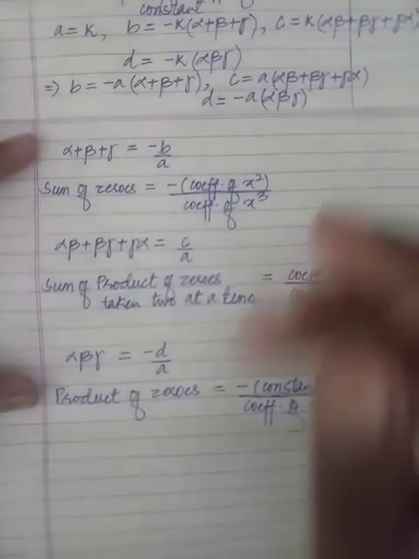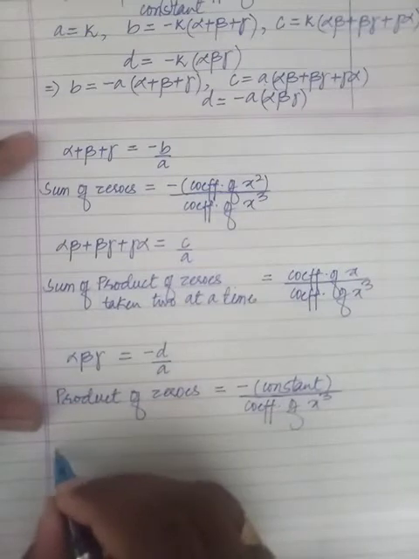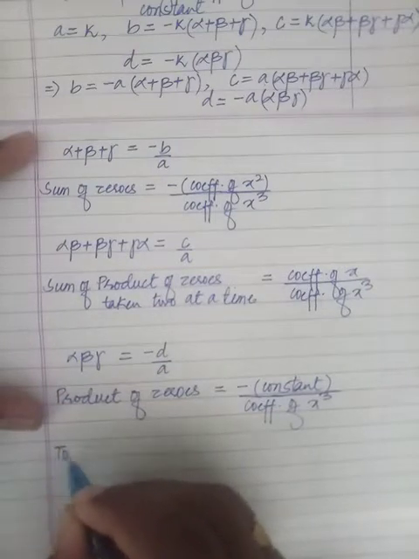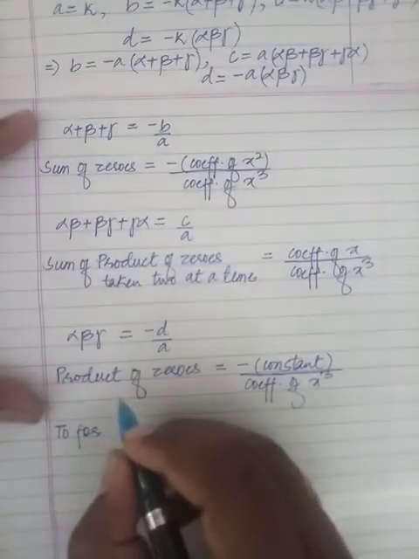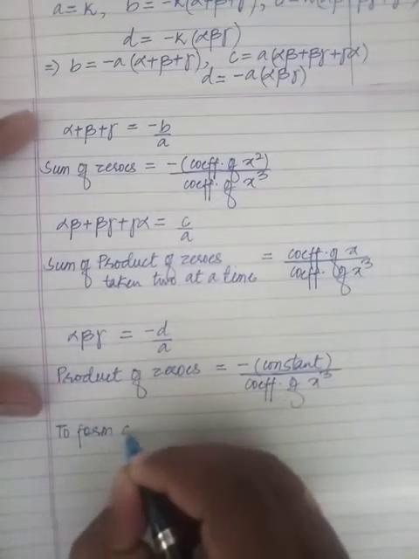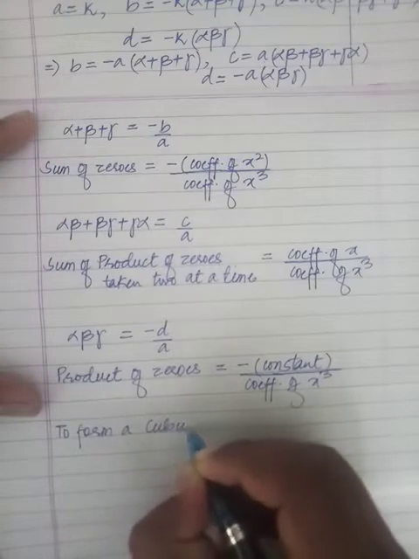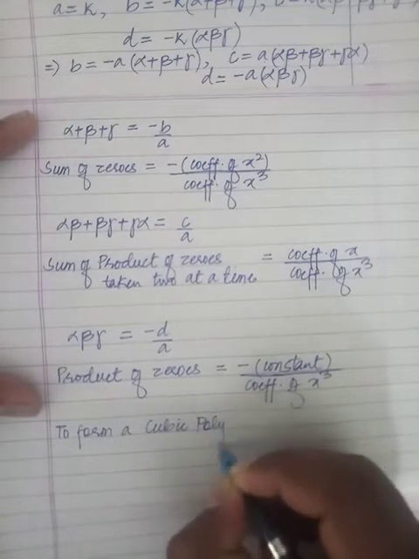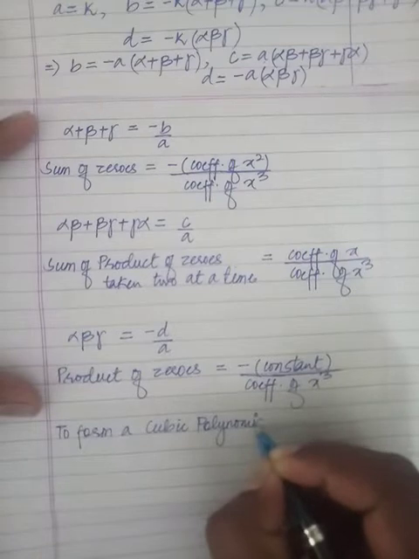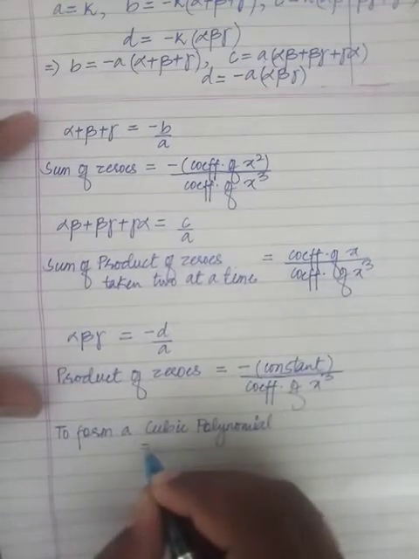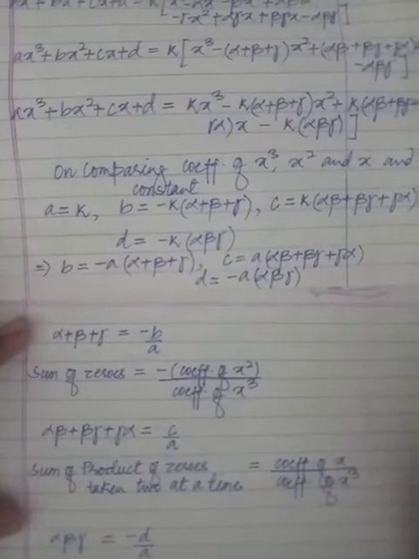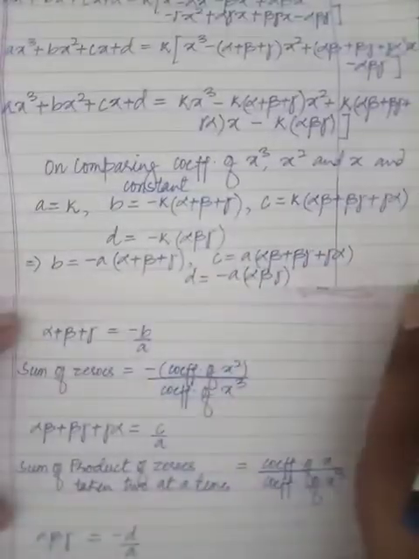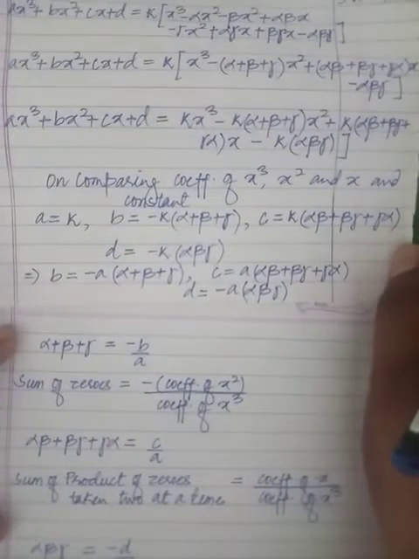Now, the last thing which I want to share is how to form a cubic polynomial. We have seen that in the quadratic polynomial also. So, to form a cubic polynomial, you can see the simple formula is what? We have already seen this in this step.